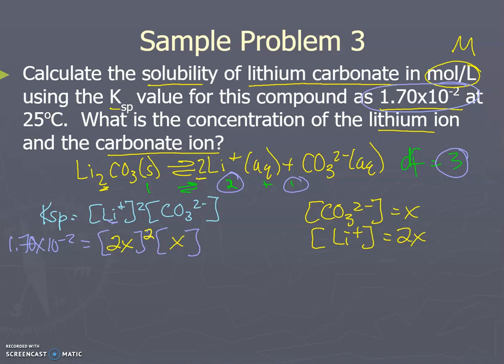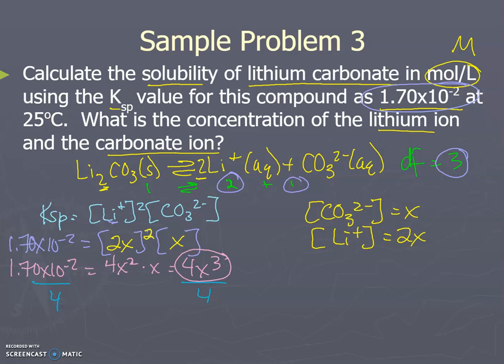So what happens when I do my algebra? 1.70 times 10 to the negative second is equal to 2x squared, which is 4x squared times x. So that's 4x cubed. How do I get x by itself? First, I have to divide by 4 on both sides.